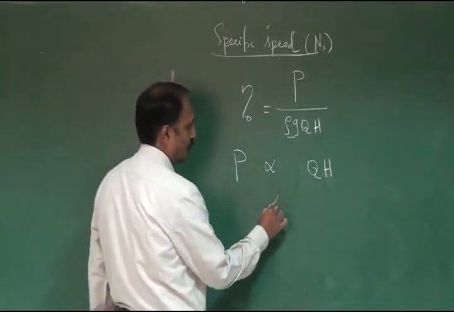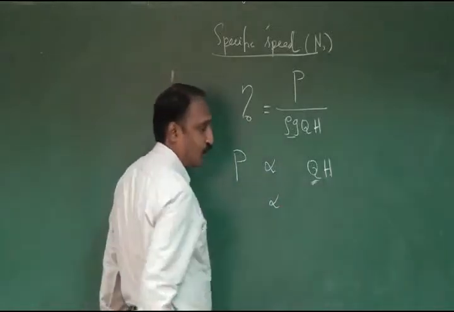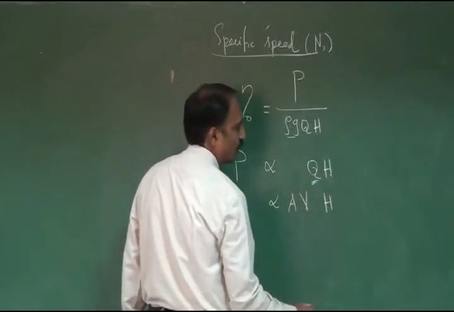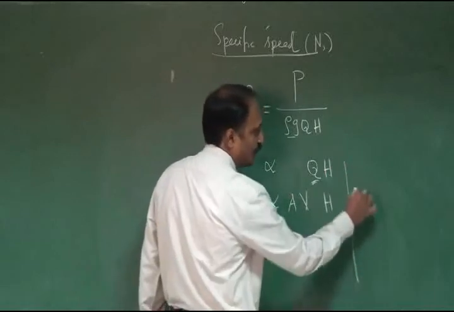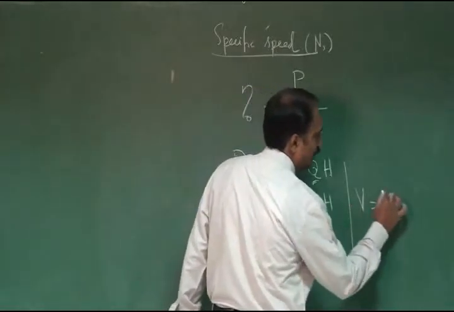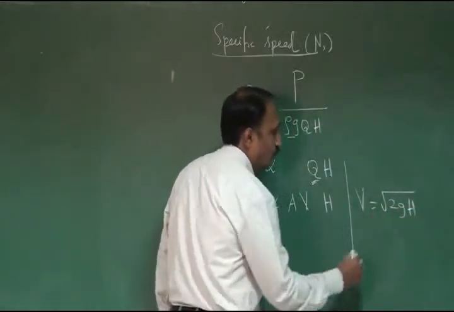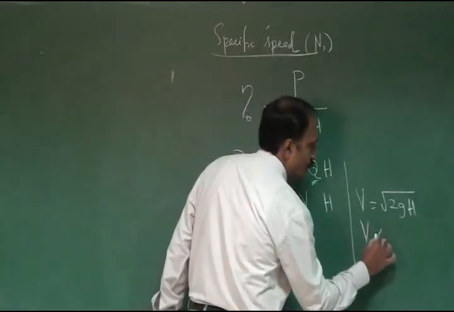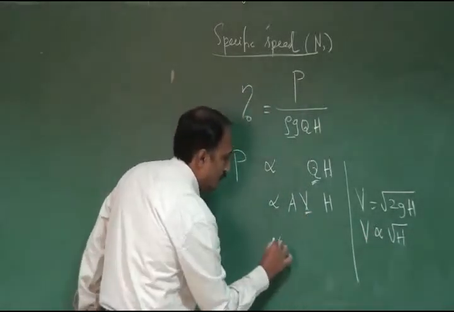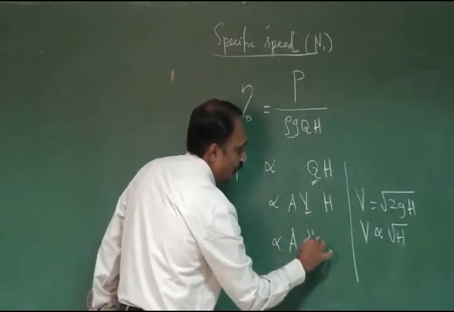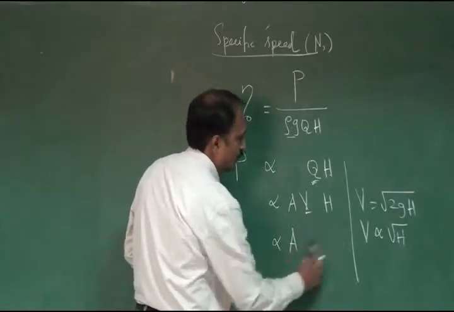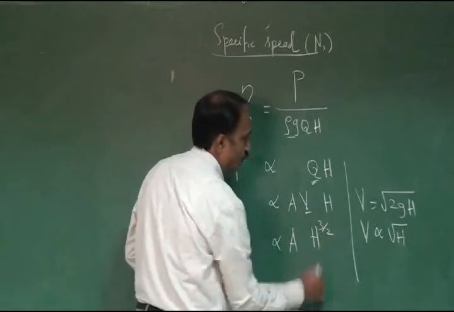Now, power is proportional to rate of flow, which is nothing but cross-sectional area into velocity of flow, again into H. Now we know the formula for the velocity of the jet at inlet: velocity is given by the relation root of 2gH. So the velocity of the jet is proportional to root H. Replacing this V with H power 1 by 2, into H, combining we get H power 3 by 2.